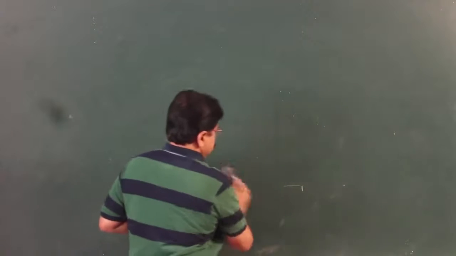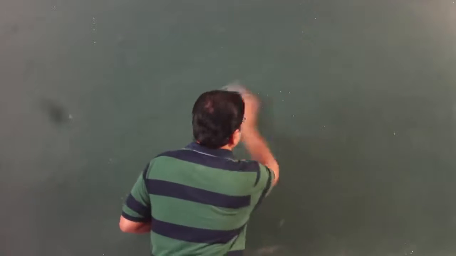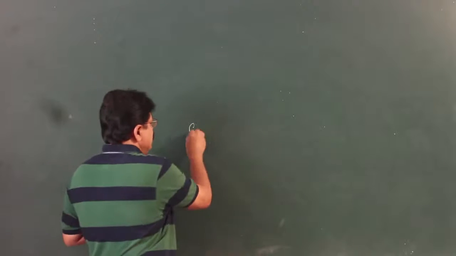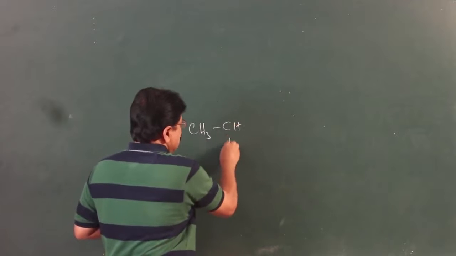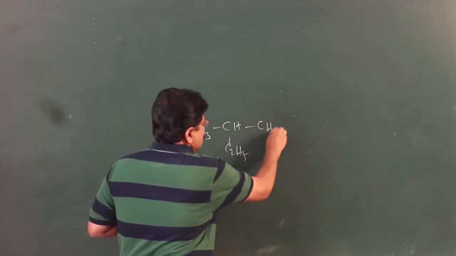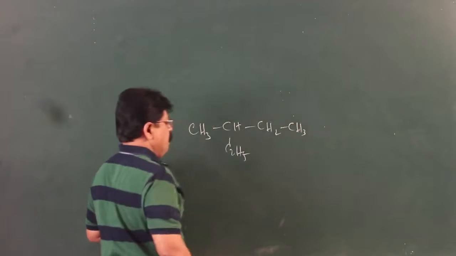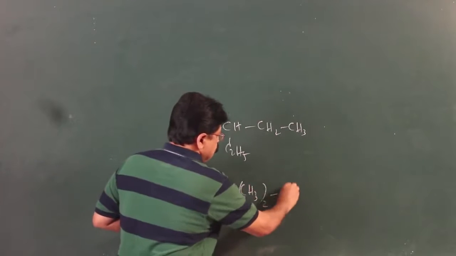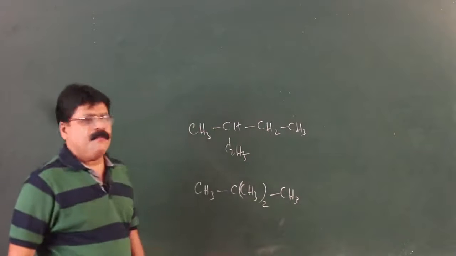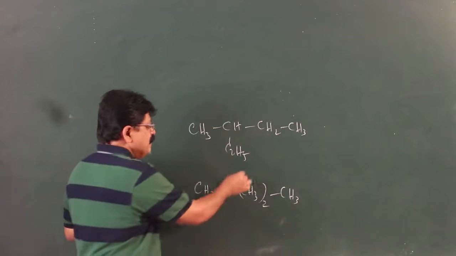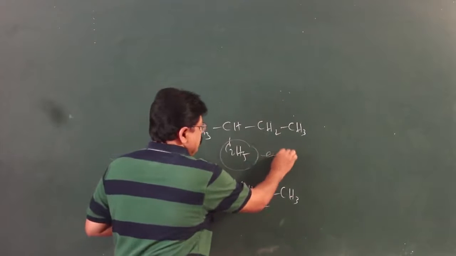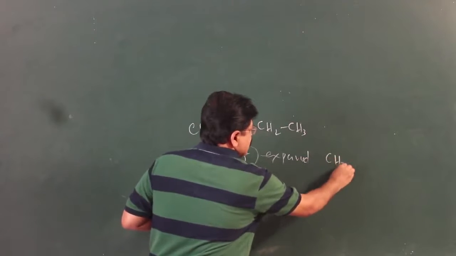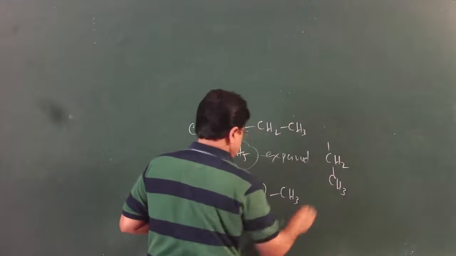Suppose there are compounds where you will find, specifically in the old naming system, compounds of this nature or compounds of this nature. What must you do? Whenever it is given like this, always remember to expand it. What I meant by expanding is, think of this as CH2, CH3.